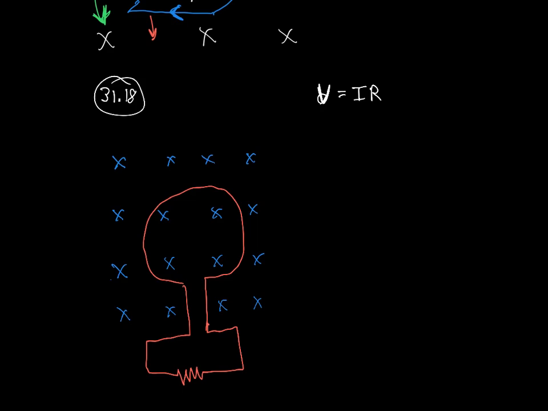Because I'm changing the area, that means I'm changing the amount of loop that's inside of a magnetic field. If I'm changing the magnetic field inside of this loop, I'm causing induction. If I'm inducing something, then I'm inducing current. And the normal thing we talk about with induction is induced EMF. So we're inducing EMF. Inducing some voltage is the current times the resistance. So the current that I'm inducing is the EMF that I induce divided by the resistance.